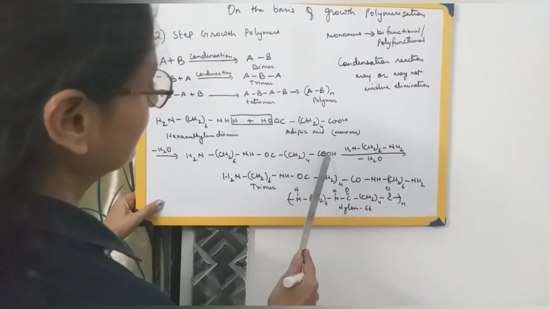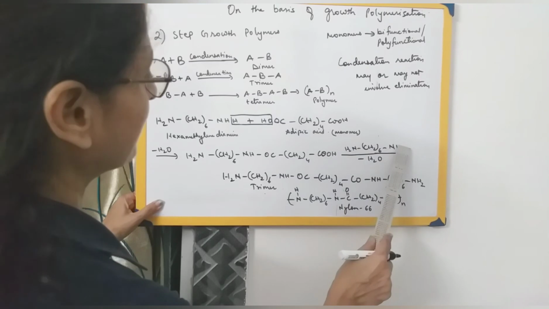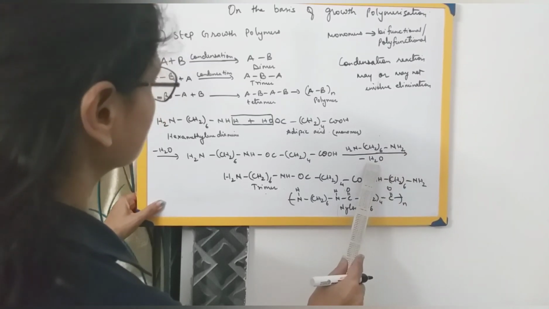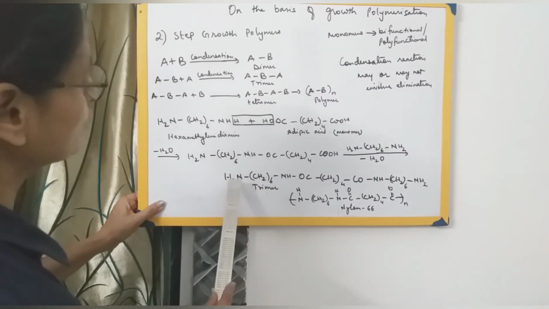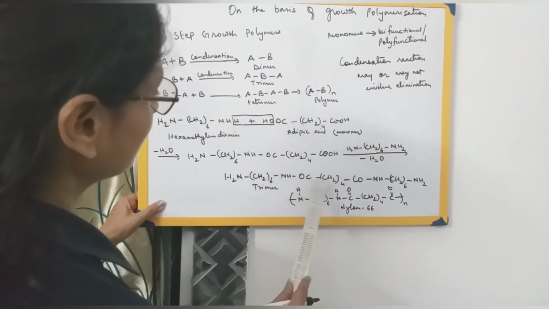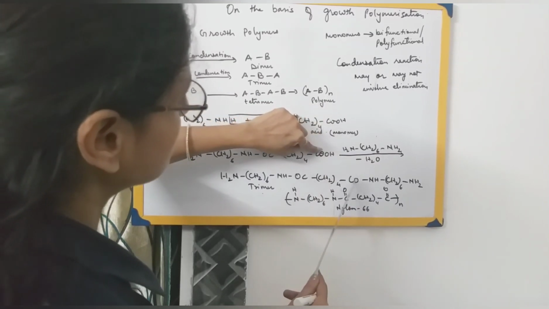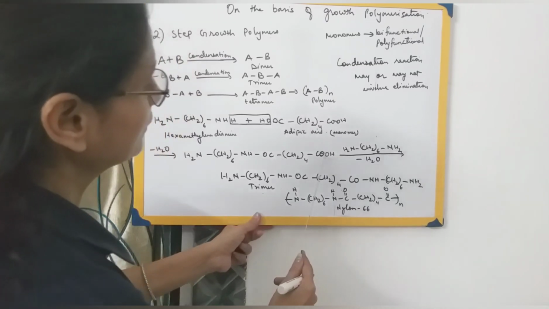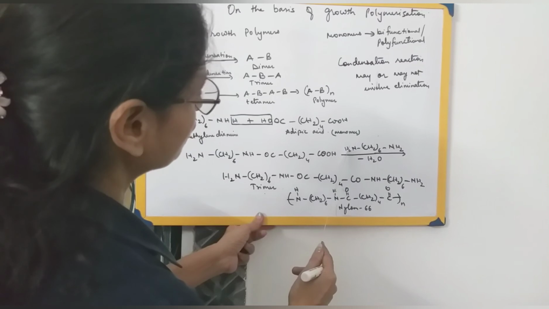Again this continues. We are introducing another monomer, that is hexamethylene diamine. When it comes in contact with hexamethylene diamine, again there is a loss of water molecule. So what happens? The same thing over here, H2N, CH2 6, NH, OC, then CH2 4, after this CO. Look here, CO. Again this OH and H from here, that means loss of one water molecule.